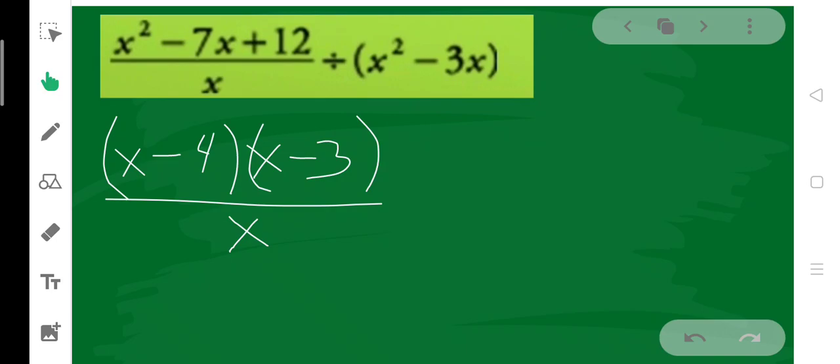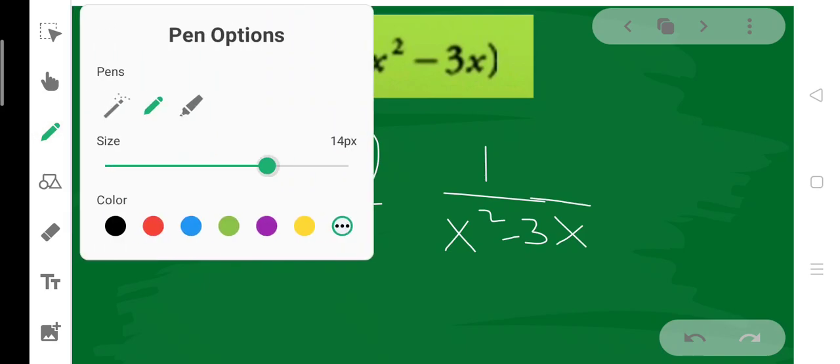So, the reciprocal would be 1 over, since this is the denominator, x squared minus 3x. The denominator becomes the numerator, and then the numerator becomes the denominator.